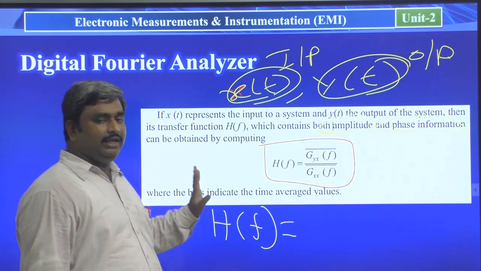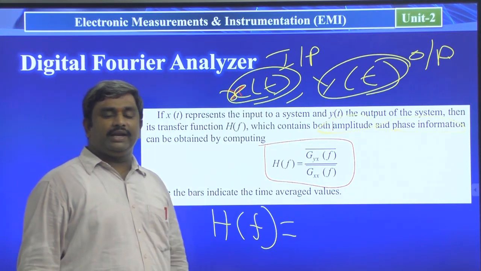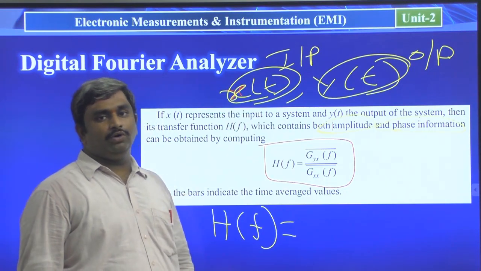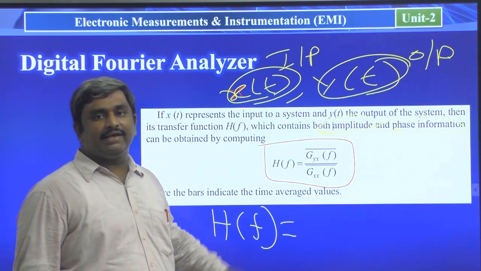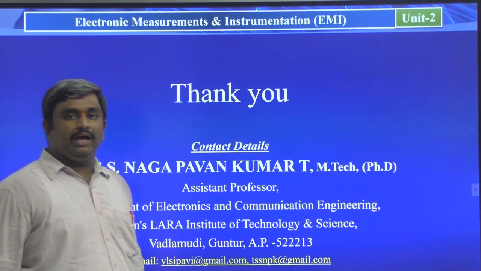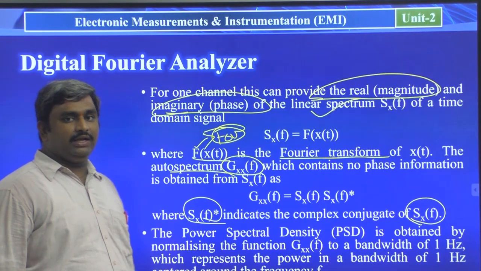So finally, in this way we are analyzing the transfer function of the system. So this is about the digital Fourier analyzer transfer function. With this we have completed the digital Fourier analyzer.